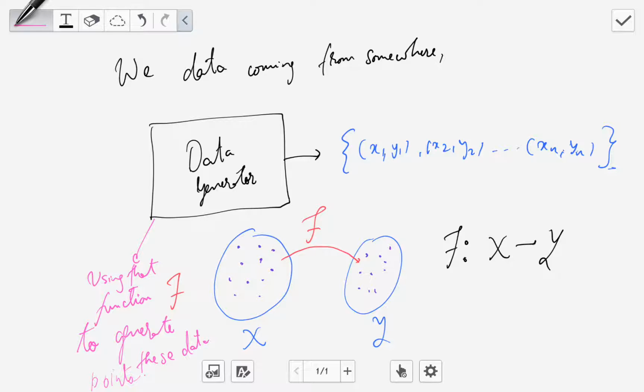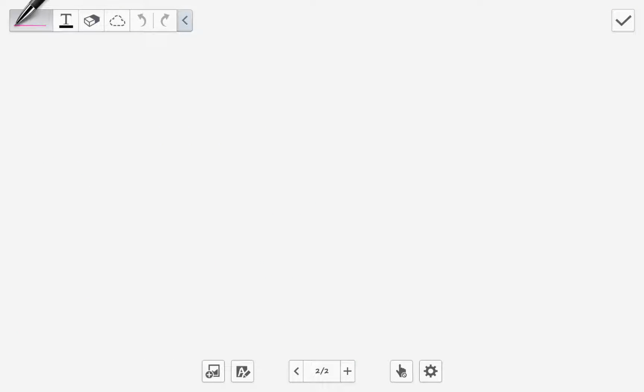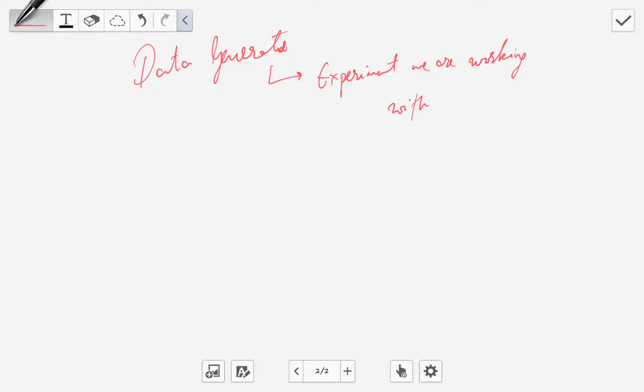Now, usually, what is this data generator in real life? It could be anything. It could be the experiment that we are working with. An example could be Boyle's law. If you are testing Boyle's law, what would you do at constant temperature?